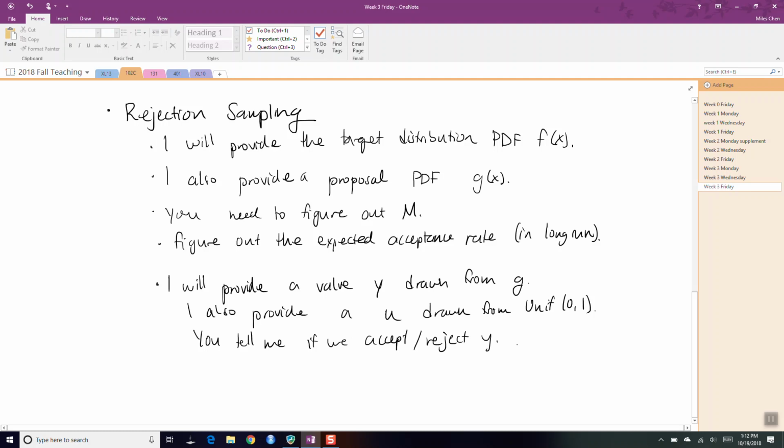So that's a possible rejection sampling problem. Okay, so these are all just possible problems, not necessarily that this will happen, okay? Just possible problems, but I think things to think about and study.